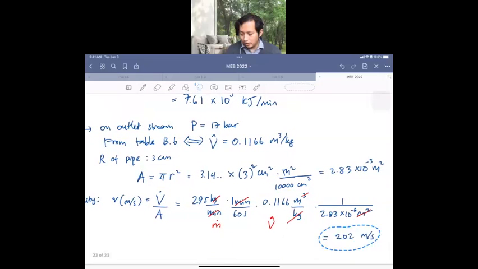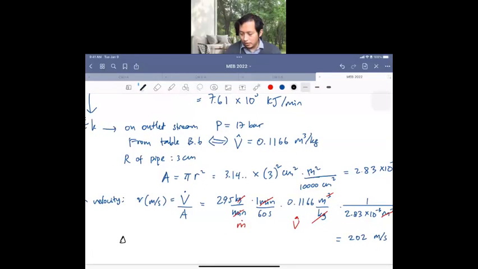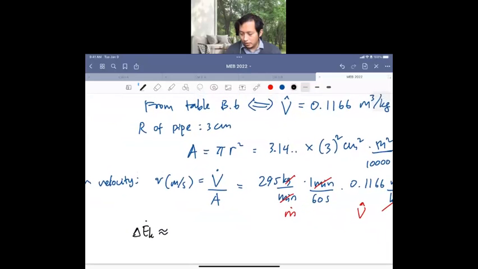Let me put here velocity. Now from the velocity, we can calculate the change in kinetics, and according to the information we have, this will be equal to the kinetics only at the outlet stream, which is the mass flow rate times the velocity squared divided by 2.